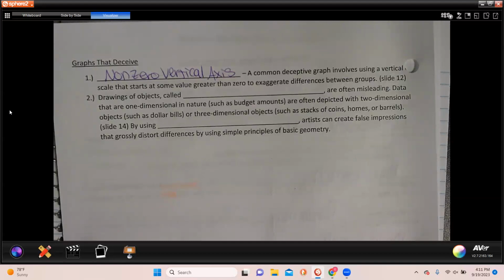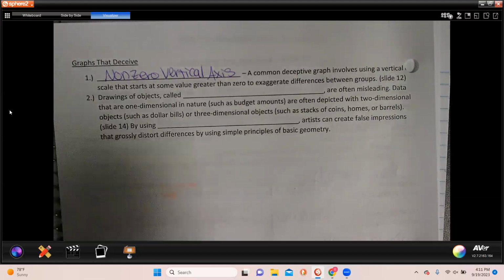Using a vertical scale that starts at some value greater than 0 will exaggerate the difference between the groups, especially if you start where the minimum bar will be. It'll look like that bar is nothing, like there's nobody even in that category. Even if there were over 1 million people in that category, if you start at 1 million, it's going to look like it's really small, even though it's not.